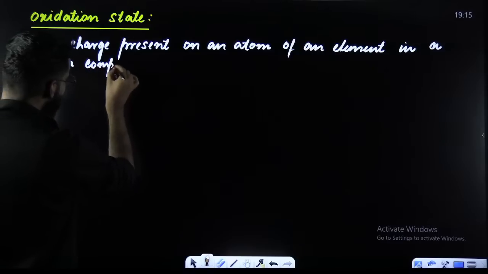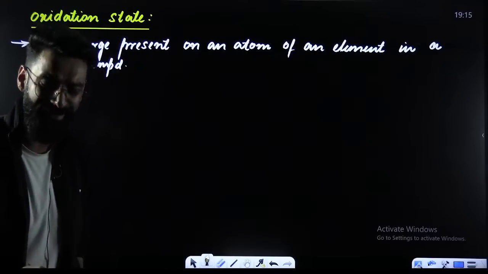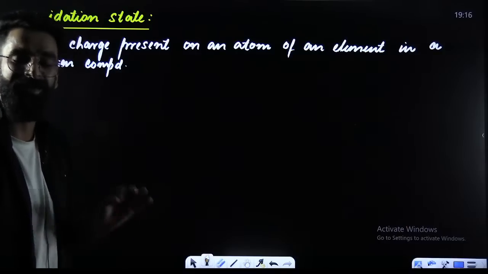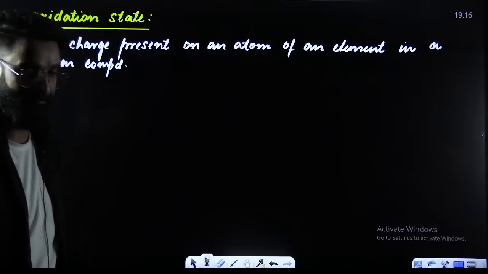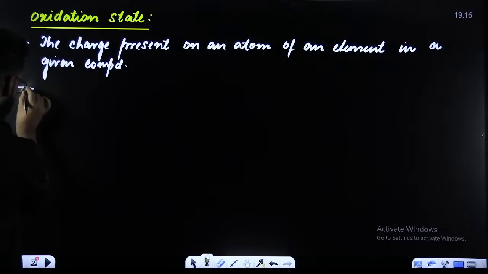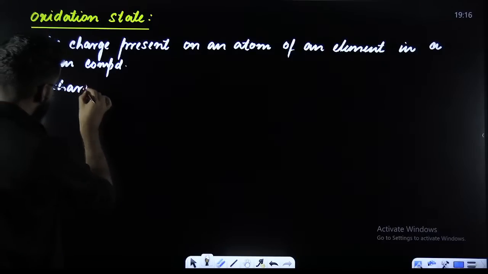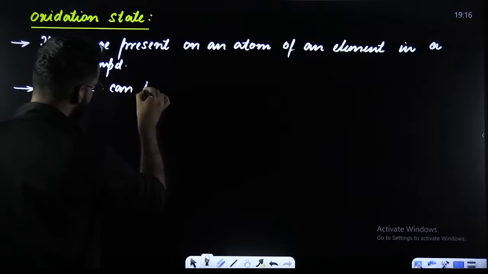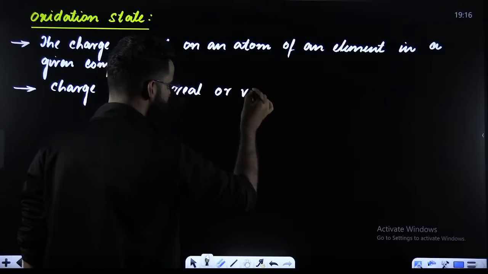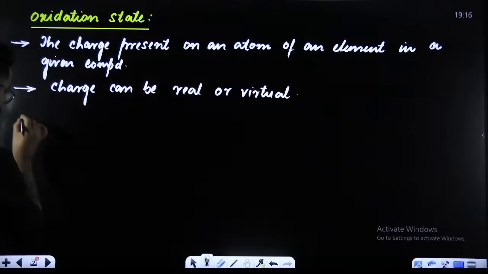What exactly it means, you'll get the idea in some time, right? Before explaining all of this in detail, I'm going to write few statements over here, and after that, I'll make you understand what exactly it's all about. The charge present on an atom of an element in a given compound is what you call oxidation state. Point number one. Point number two, the charge can be real or virtual.